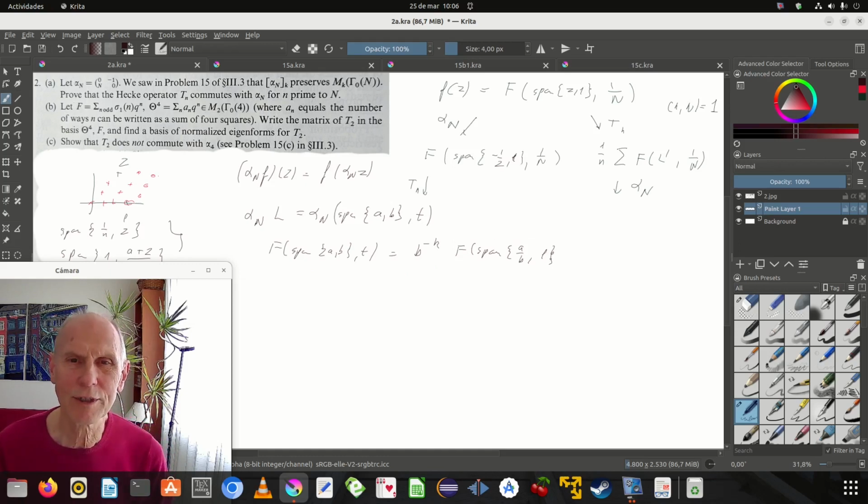I think that was the definition. Point g divided by b. And then that maps to f of span minus b divided by a on unity, g divided by b.